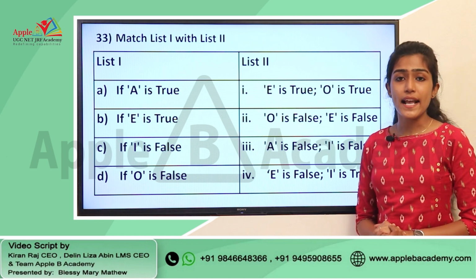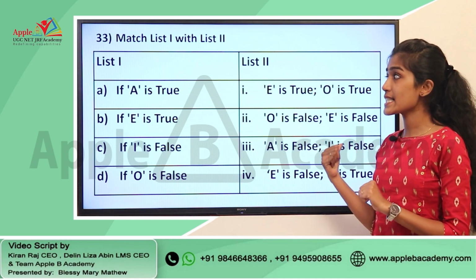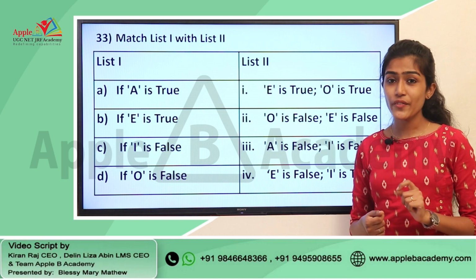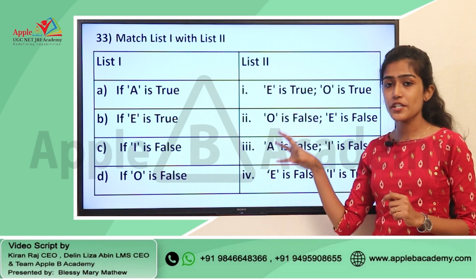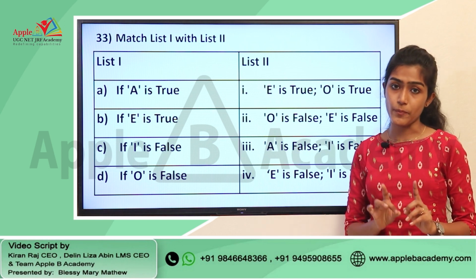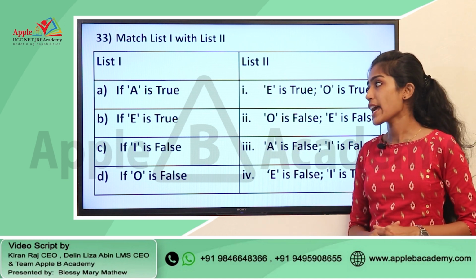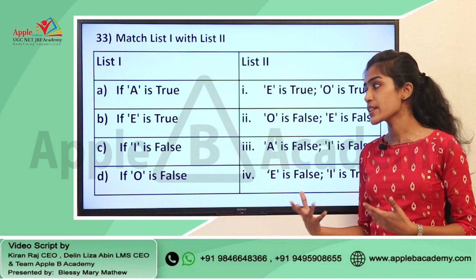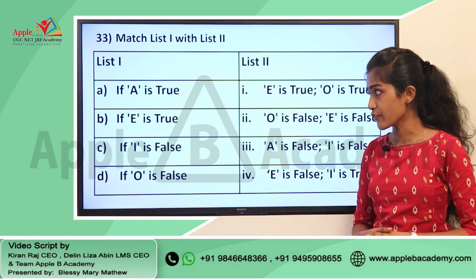Next question is a match the following question. This is from the module logical reasoning, and if you consider the options here, we can easily identify that this is from square of opposition. So, in list 1 we have given if A is true, if E is true, if I is false and if O is false.